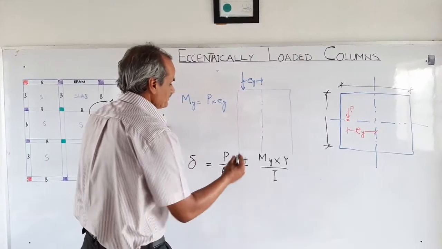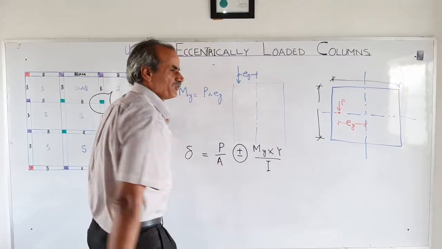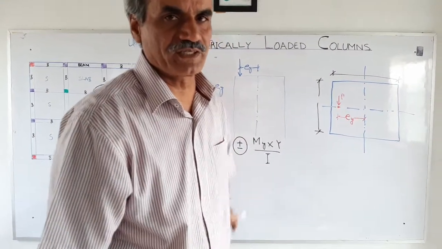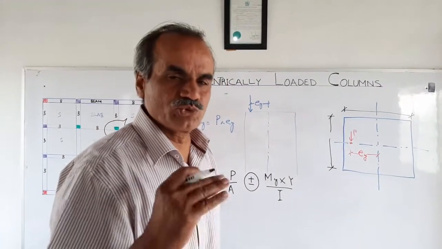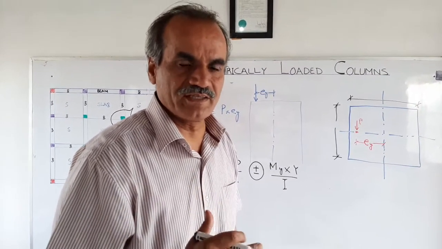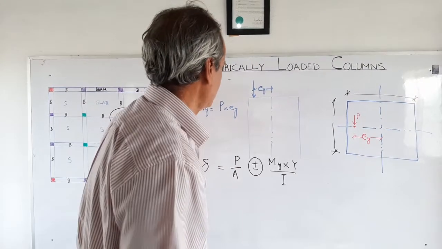Now over here the most important thing is how to choose one of the signs, because I have marked both the signs over here, and while choosing these signs we have to see the location of the load, that where the load is existing.